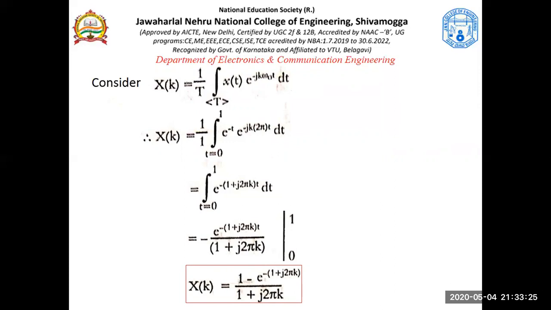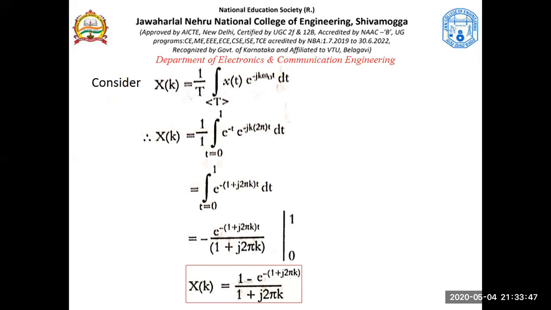In the previous problem the equation was given, and in this problem the waveform was given. In the equation, it was existing from minus 1 to 1. In this problem, it is existing from 0 to 1, which we need to understand by seeing the waveform. Okay with this? So this is how we can obtain x of k.